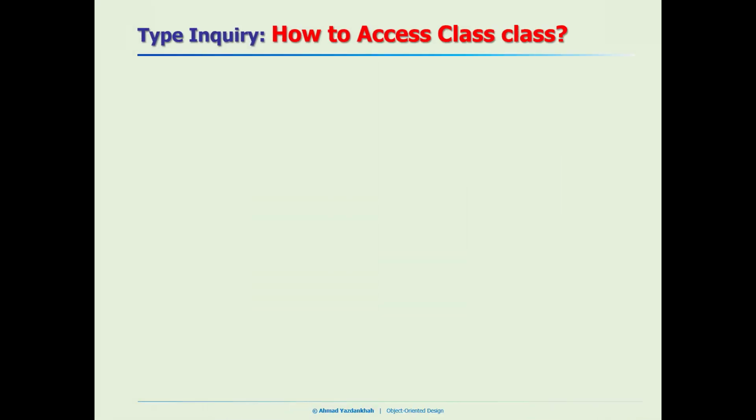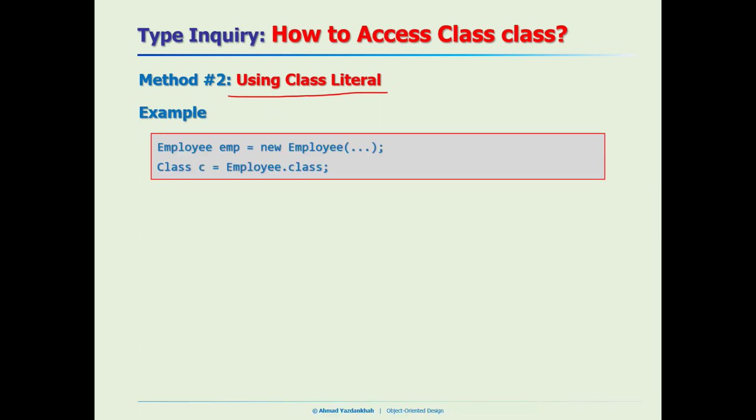The method number two is using the class literal. Let me take an example to explain that. So again, we instantiated the Employee class. Now we can use this keyword, this syntax, to get the class object. Look at this.